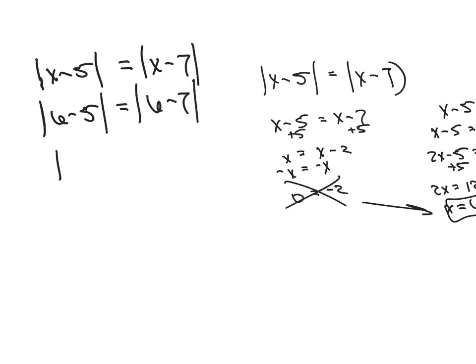So 6 minus 5 is 1. Does that equal the absolute value of 6 minus 7, which is negative 1? Absolute value of 1, absolute value of negative 1 is also 1, so therefore it checks. So that is it for exercise 2.6.